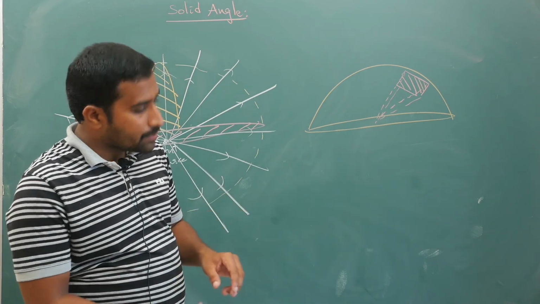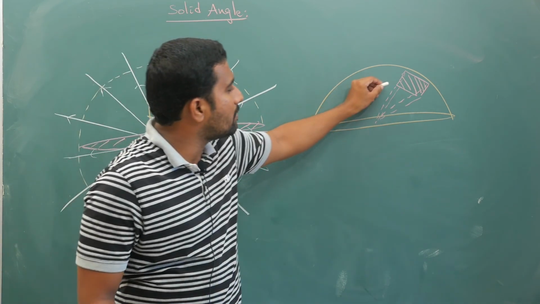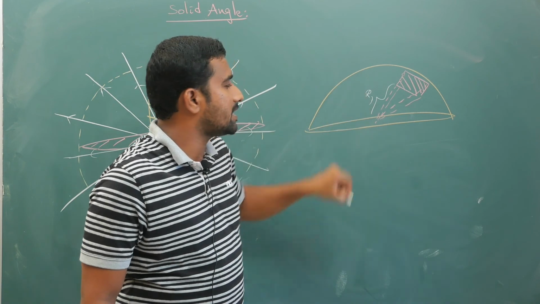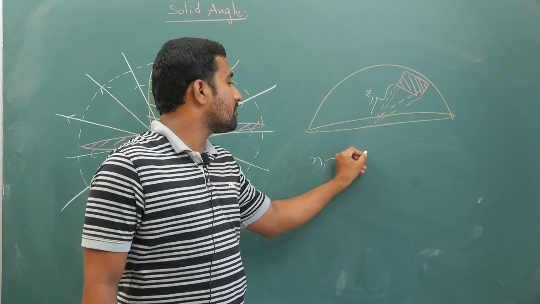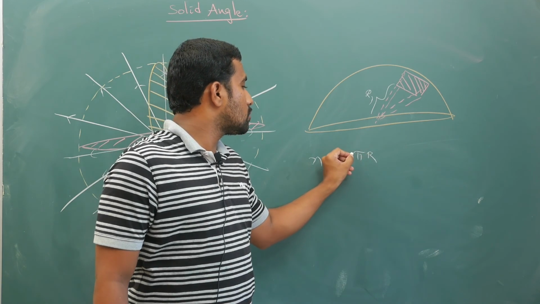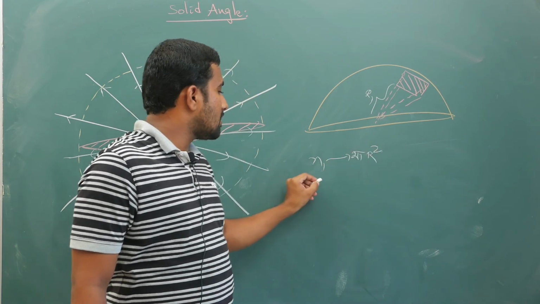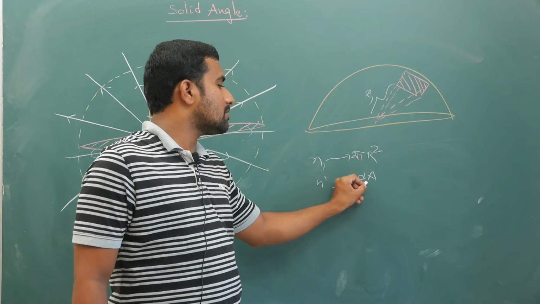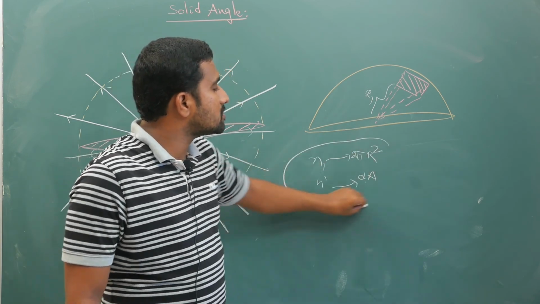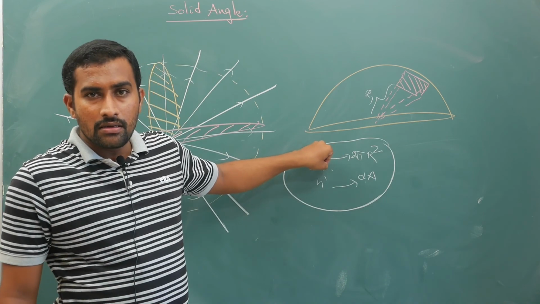One aspect is, on the patch, maybe you will divide it by proportionality, like some n1 lines are there across an area of 2 pi r square, and some n dash lines are going across an area of some dA, and from proportionality you can divide it.